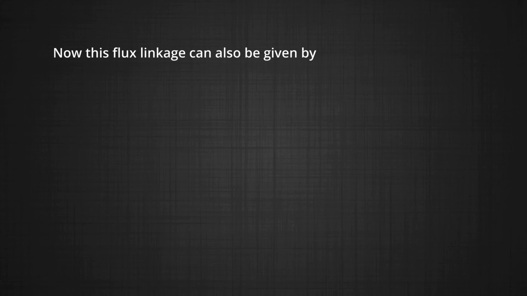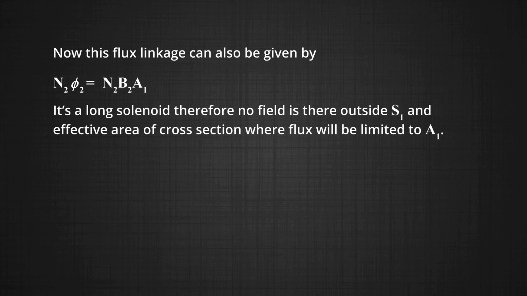Now, this flux linkage can also be given by N2 phi2 equal to N2 B1 A1, because phi is B into A. But one thing that strikes is why I have not written phi2 as B into A2. Instead, I have written it as B1 into A1. The reason is that it is a long solenoid, therefore, no field is there outside S1. So, the effective area of cross section where the flux will be limited is A1.